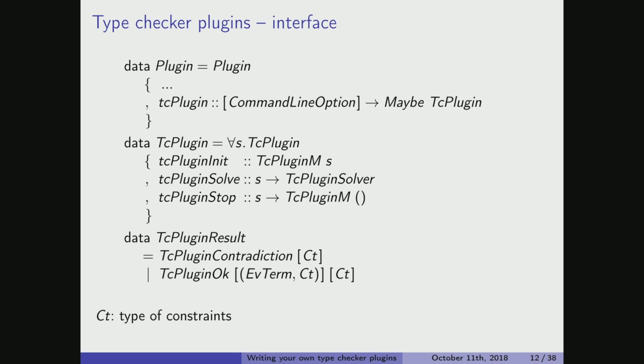And then this is what we will be looking at quite a bit, the result that we have to give back to GHC, and also this Ct thing. There's a reason why it has a short name, because you use it everywhere. So it's the type of constraints, and that's really what we're dealing with. We have to recognize constraints and maybe generate new ones. So that's really the essence of this whole project.